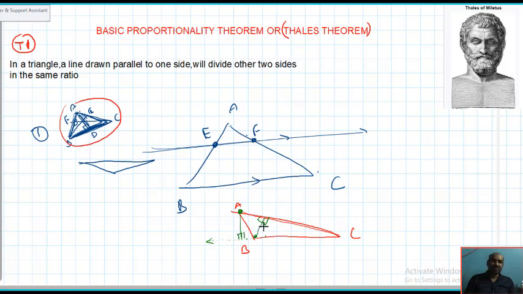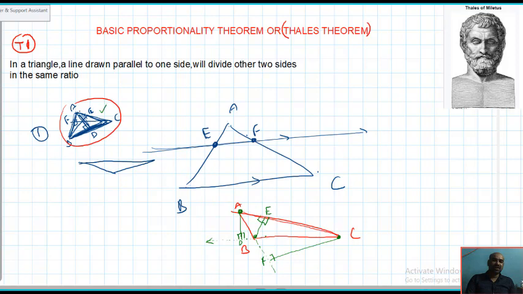What is the meaning of that? BE, the height, is inside, while AD is outside of this triangle. Similarly, from C I want to draw an altitude, and that should be on extended AB only. This is another altitude. This is D, this is F. So one altitude is BE, another is AD, another is CF.